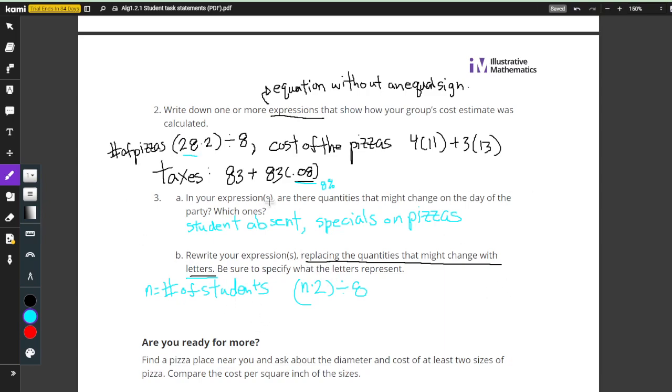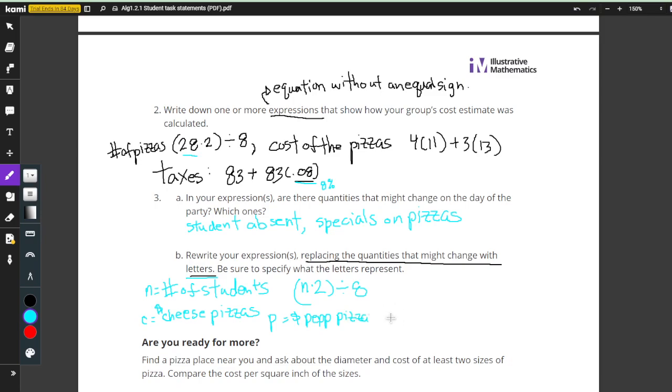The other expression: the price of our pizzas, instead of $11 and $13, because it might change, just like in part A, where it says pizza prices could change because of specials. We're going to rewrite these. So we're going to say C is the dollar amount of cheese pizzas, and P is the dollar amount of pepperoni pizzas.